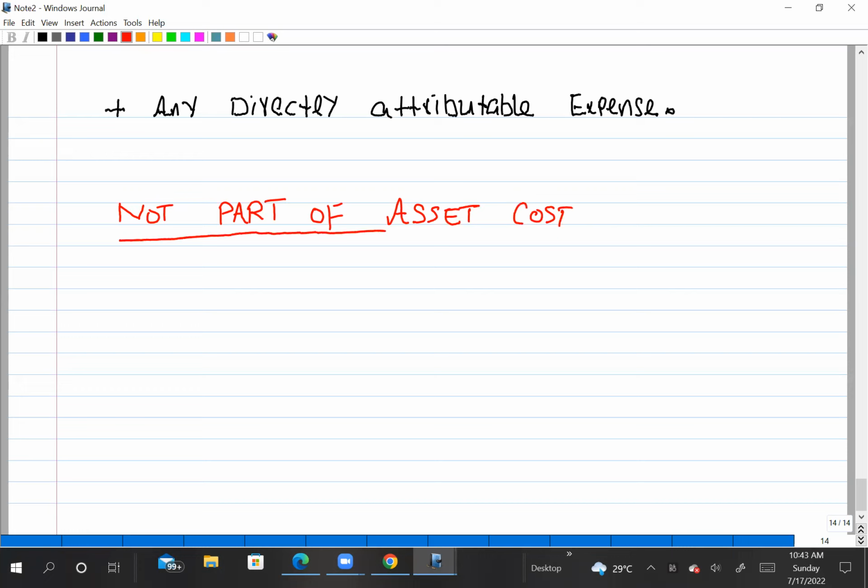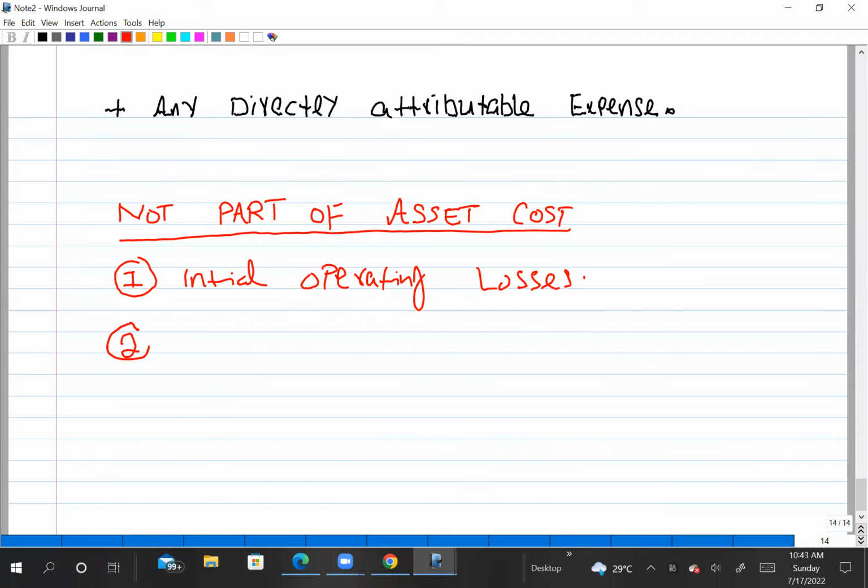Not part of asset cost: number one, initial operating losses are not capitalized as part of the cost of the asset.